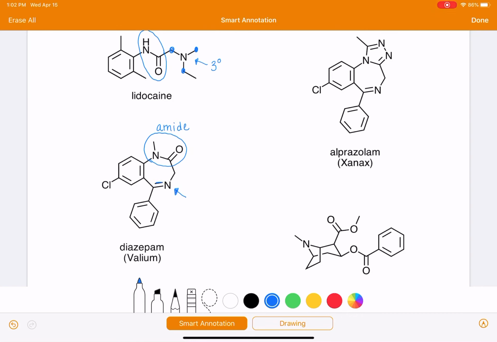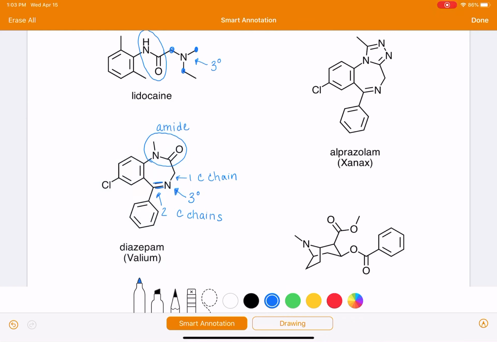And so when we have a nitrogen that has a double bond, or even if it were to have a triple bond, we count each one of those bonds as its own carbon chain. So this has 1 carbon chain right here, and this double bond counts as 2 carbon chains, 1 for each bond, which makes that nitrogen a tertiary amine. So that's kind of tricky, but that's how we do it.